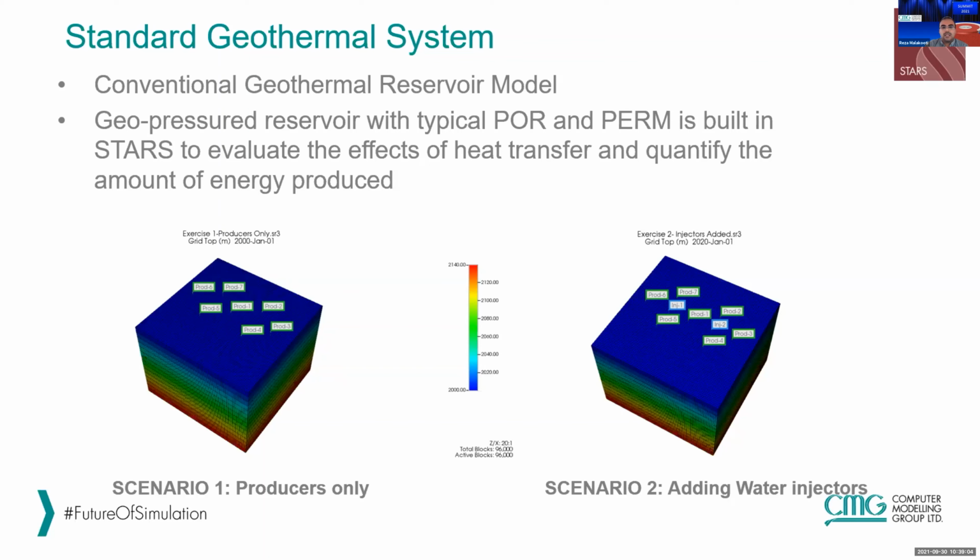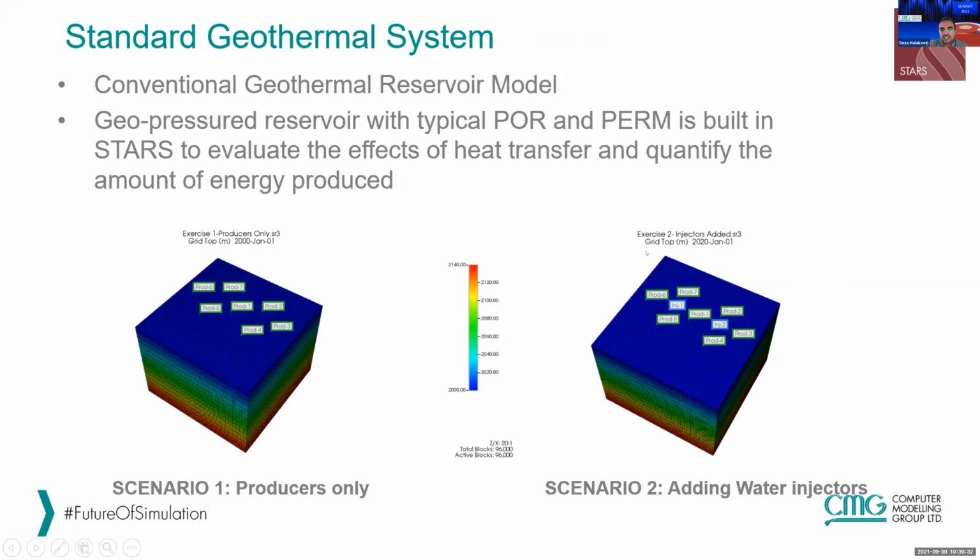And then the main objective of the study was to evaluate the effects of the heat transfer, and also quantify how much energy could be produced from such a geothermal system. We've got two different scenarios in here. In the first scenario, the left-hand side, we had just the water producers in the system.